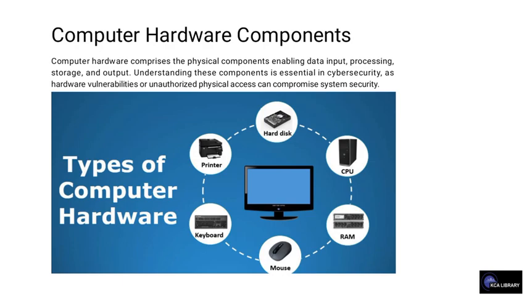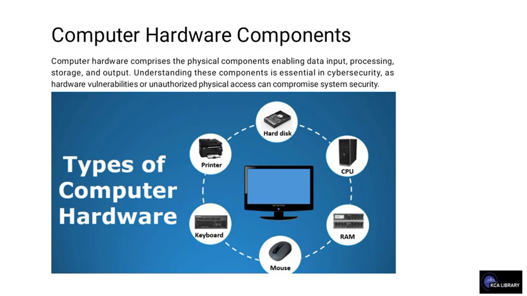Looking at computer hardware components, we have what is called computer hardware, and this comprises of physical components enabling data input, processing, storage, and output. And having an understanding of this component is very important in cybersecurity, as hardware vulnerability or unauthorized physical access can compromise system security.